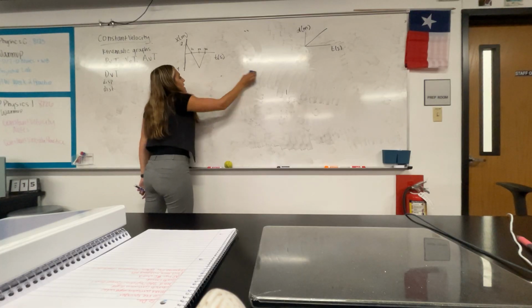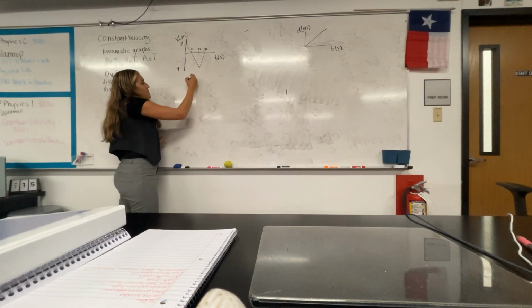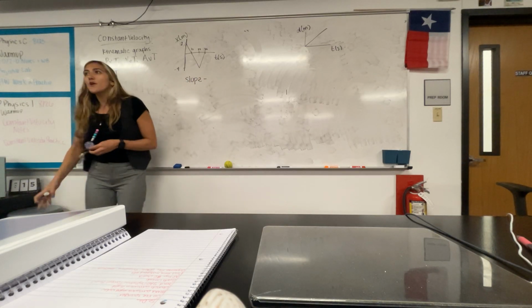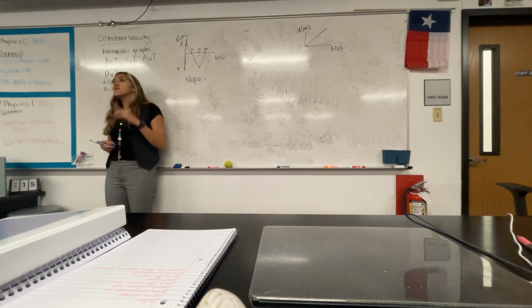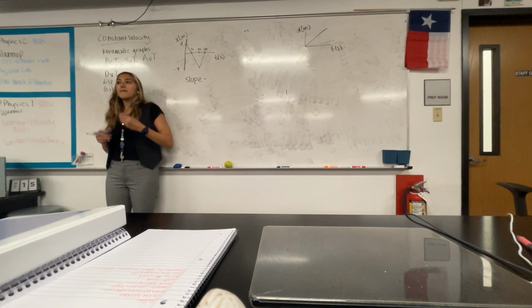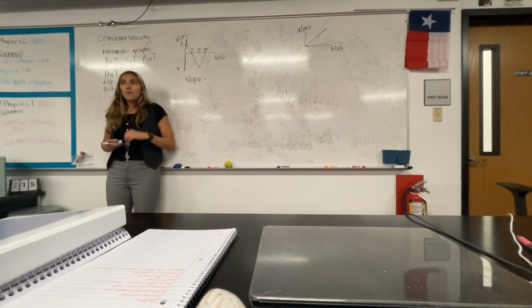Where we're starting today, the slope of this position time graph and a displacement time graph would be what? The slope of it is? We did this last class. You made a distance over time graph or a position over time graph, depending on what you chose to do, right? What was the slope of it?